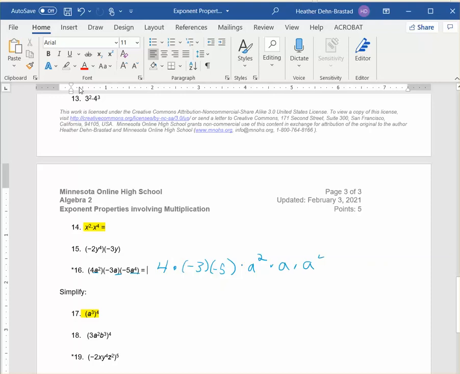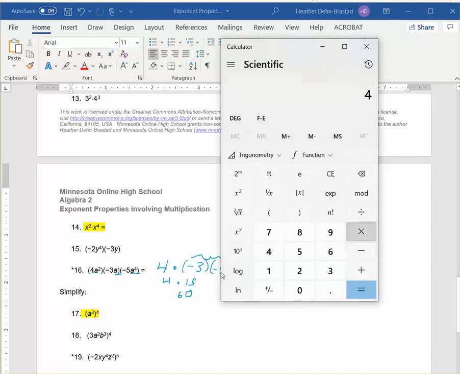So it helps a lot to organize, to put the coefficients together and the variable parts together. So now I just have to multiply. Let's do these parts together first. Negative 3 times negative 5 would be a positive 15. And then 4 times 15 would be 60. And you can check it on your calculator. 4 times 15 is 60.